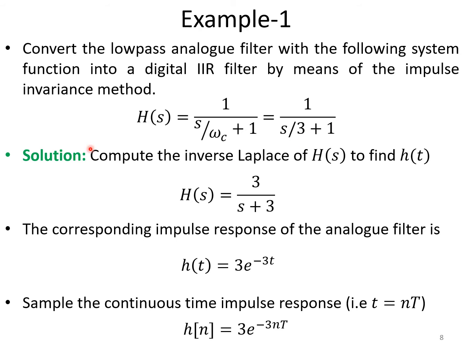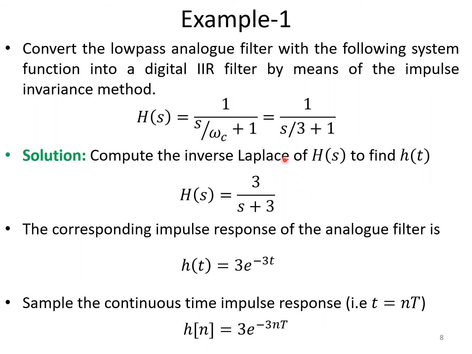In some books or on the internet, authors usually refer to this transfer function as the analog prototype. So this method is also called the conversion of an analog prototype into digital form. This analog model is given here, and we have to convert it into digital by the impulse invariance method.